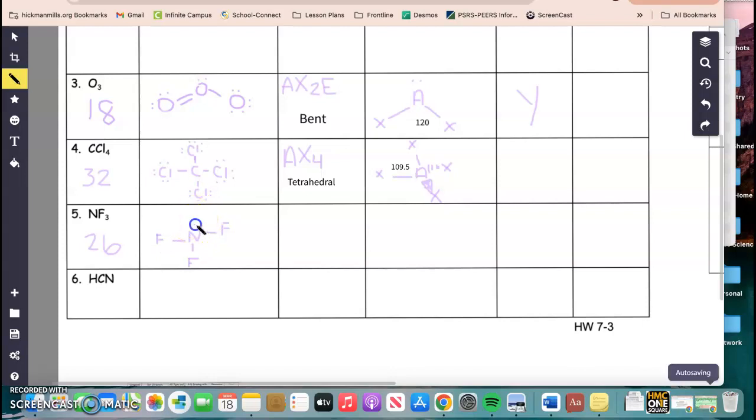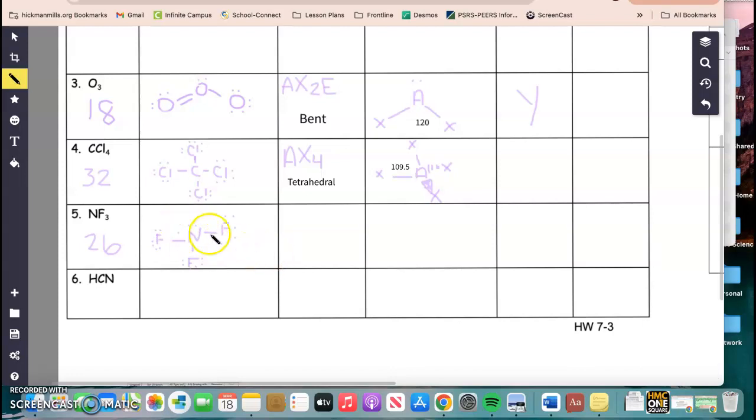And then we just gotta count up, so 3 fluorines. So we have 1, 2, 3, 4, 5, 6, 7, 8, 9, 10, 11, 12, 13, 14, 15, 16, 17, 18, 19, 20, 21, 22, 23, 24, and then 25, 26.